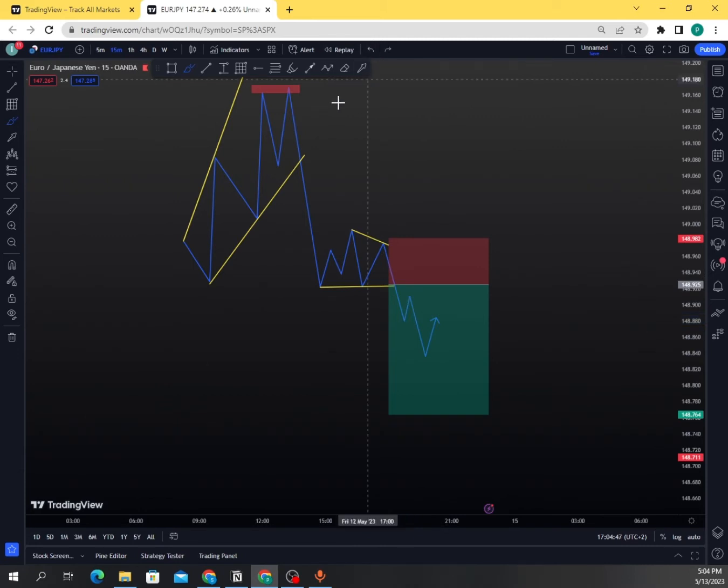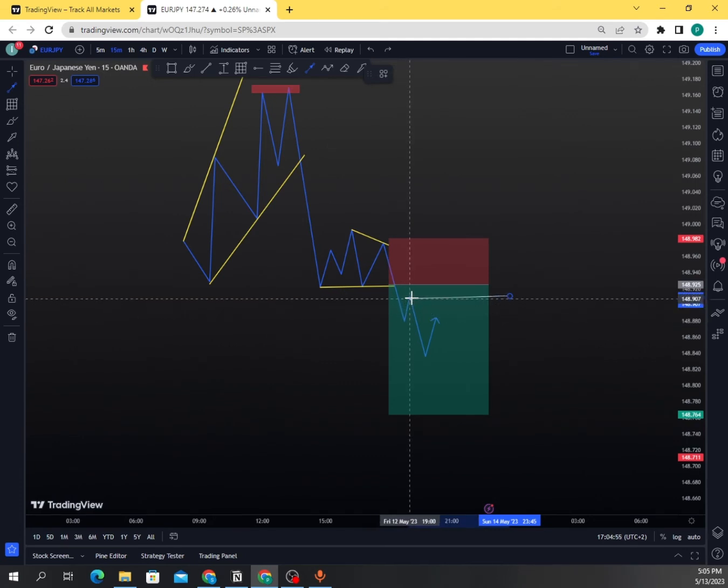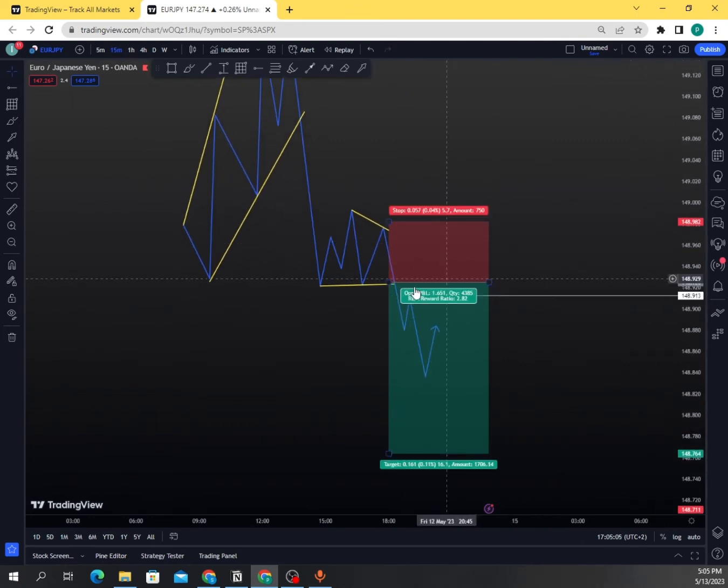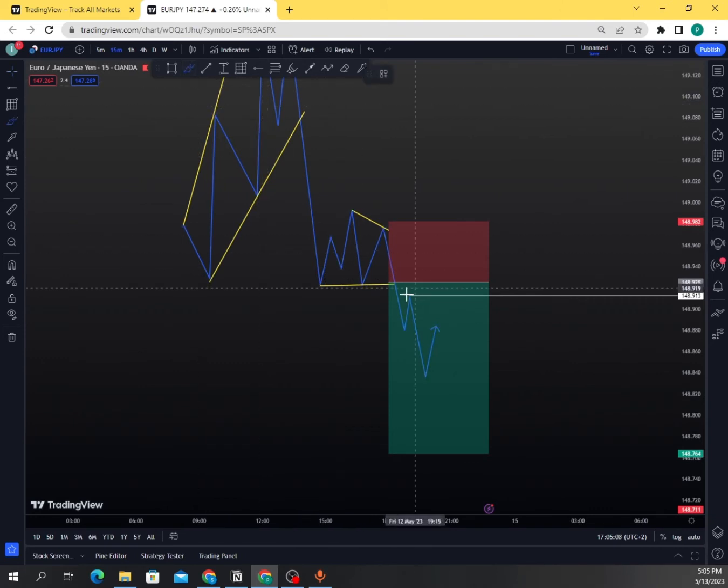So once this lower low is created and it is broken by this higher high, I move my stop loss to this point. In this case, I lock profit around this area here.